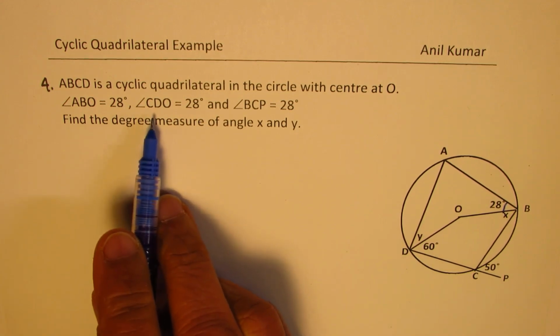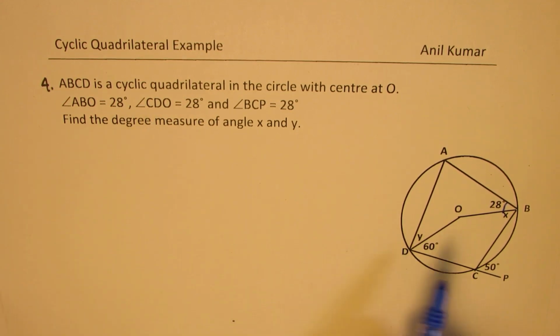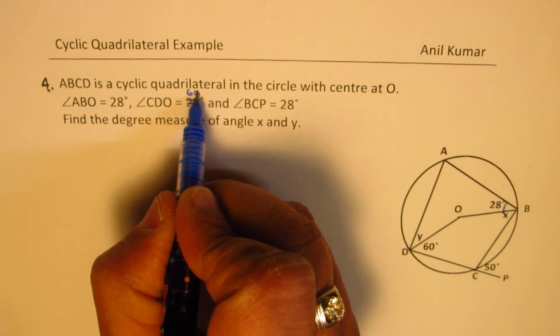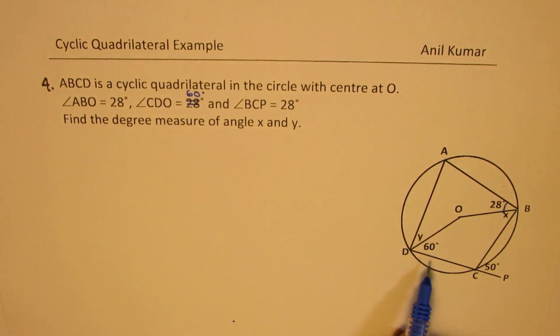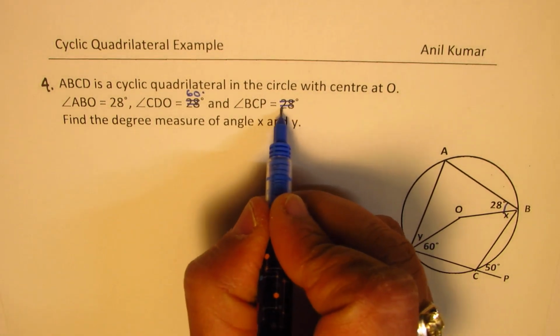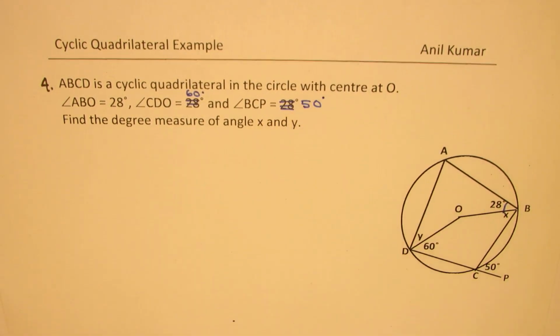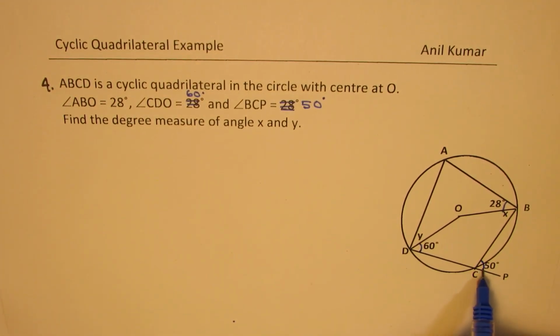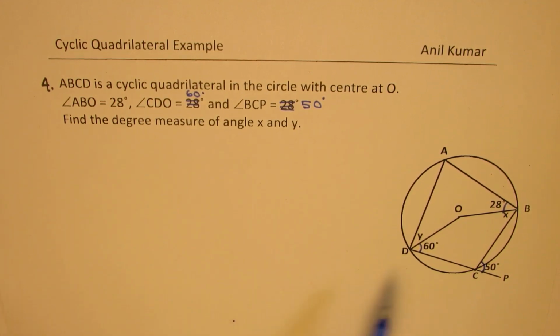Angle CDO is 60 degrees. And angle BCP is 50 degrees. Okay, so we are given these angles. Correct? Now, find the degree measure of angle X and Y. So we need to find these two angles.